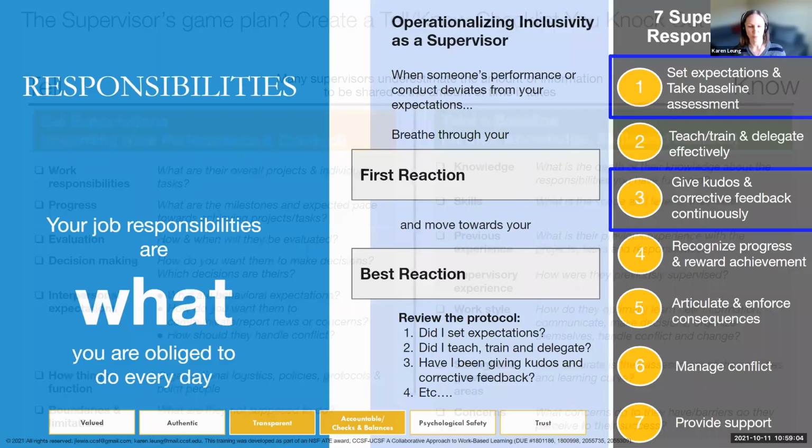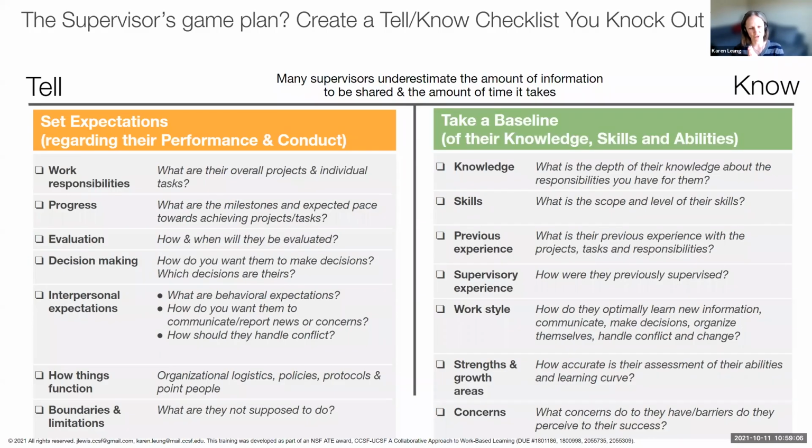So again, in workshop 1, when we were talking about that very first responsibility around setting expectations and taking a baseline, we shared this Tell-Know checklist that outlines the information that ideally is shared between supervisors and employees in the first month or so of working together.